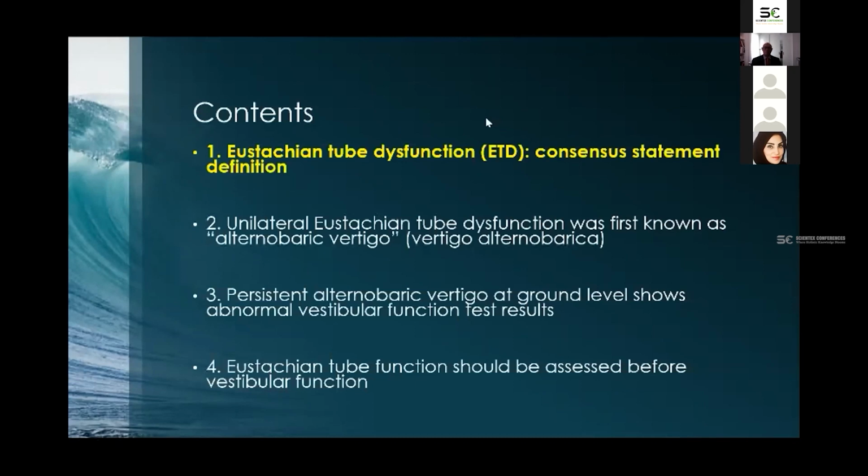Next, we will review the fact that persistent alternobaric vertigo at ground level shows abnormal vestibular function test results. This will lead me to my point that Eustachian tube function should be assessed before vestibular function.